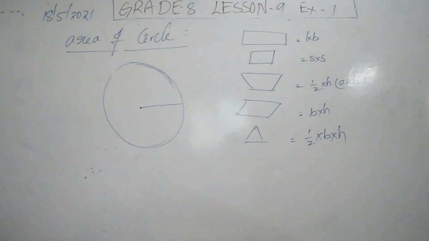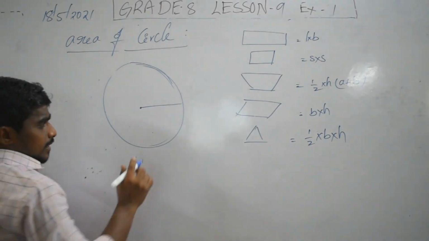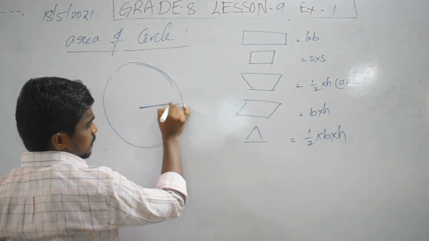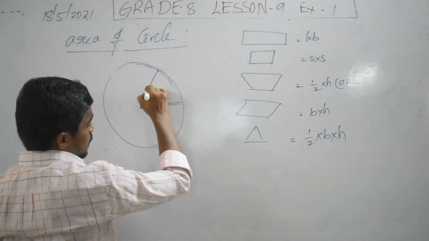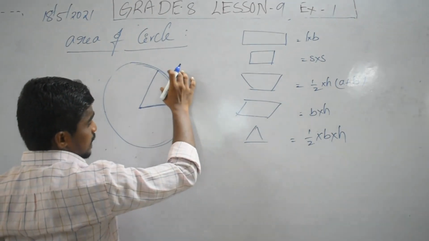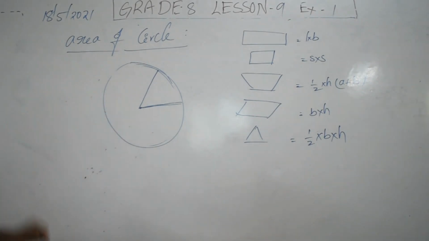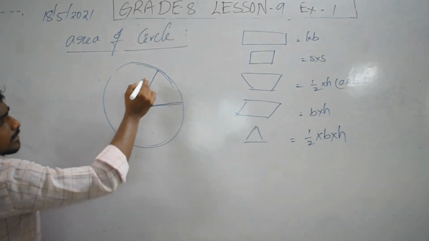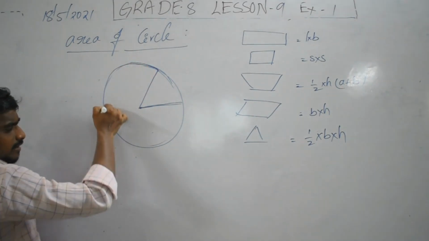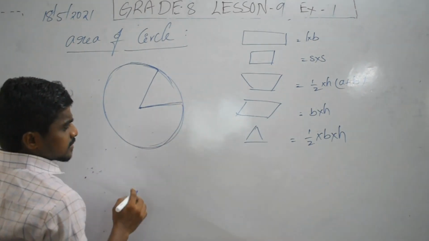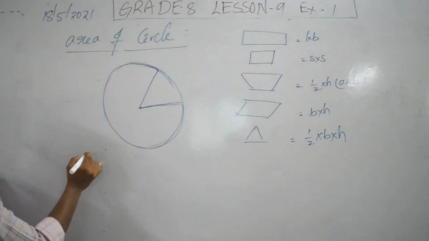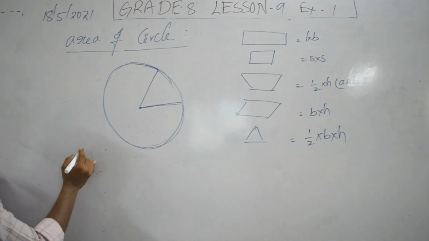Now in this circle we are taking secants, this part, so this is a bisector. Now how do we convert this circle? See, these are all one circumference.